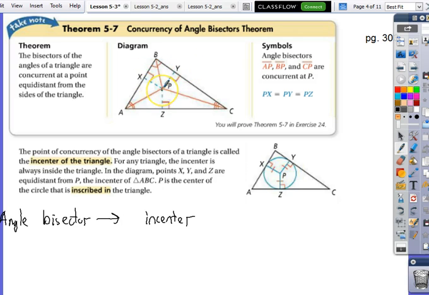So if I were to draw a circle at that point, the circle that I draw would be entirely inside the triangle, or inscribed in the triangle. So the angle bisectors make a point of concurrency known as the incenter.